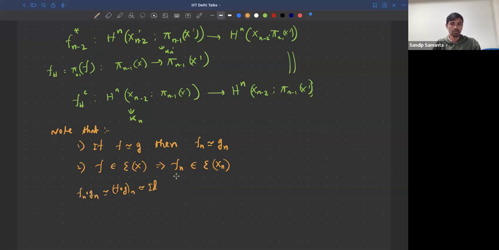So that's why this f_n is again a homotopy equivalence for this X_n. So it's saying that the homotopy equivalences of X also reduce at each level to homotopy equivalences on the spaces X_n. Right. So that's another observation.